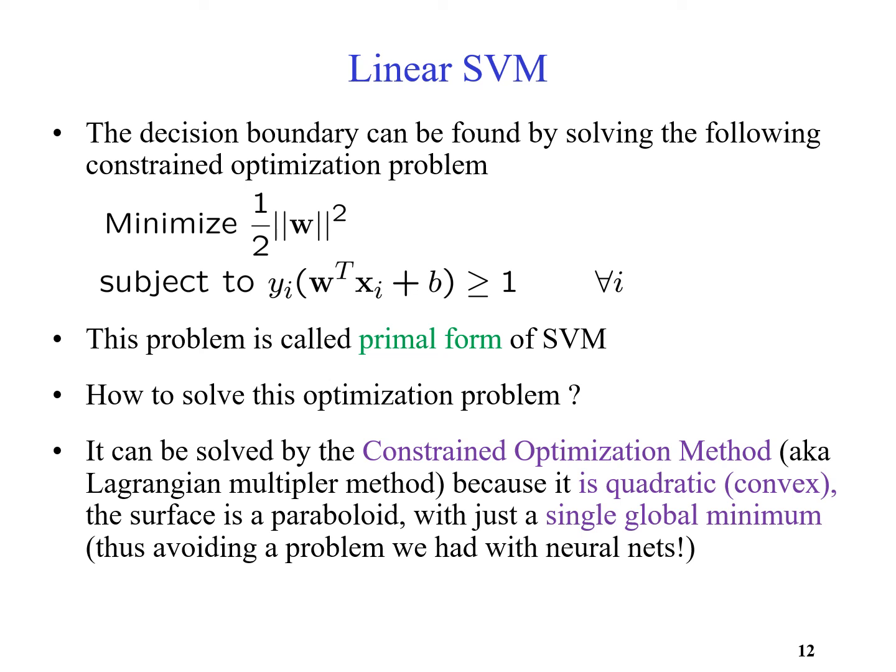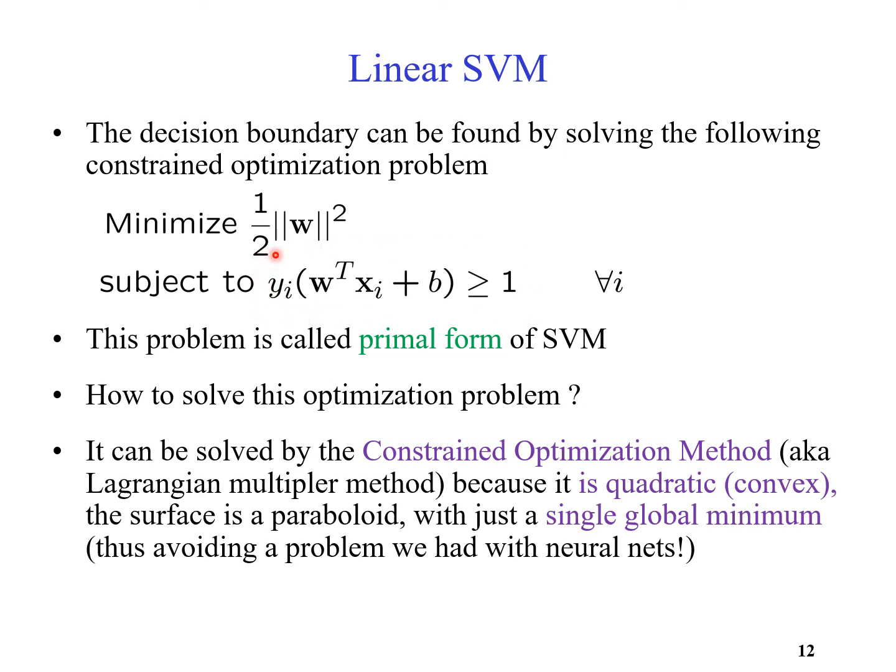So we have seen the goal of learning in SVM. We put the goal here again. We maximize the margin, which means we minimize this. And we also satisfy these conditions.